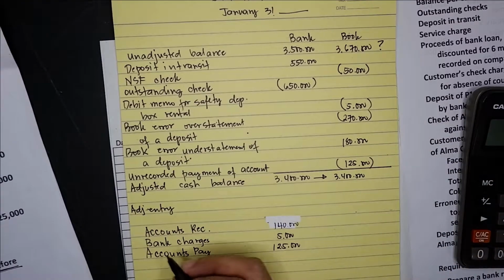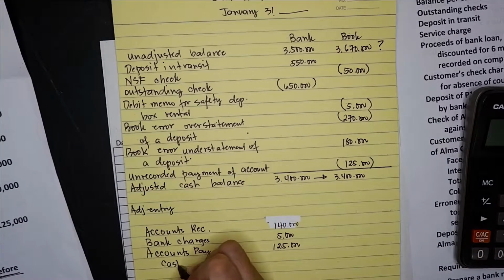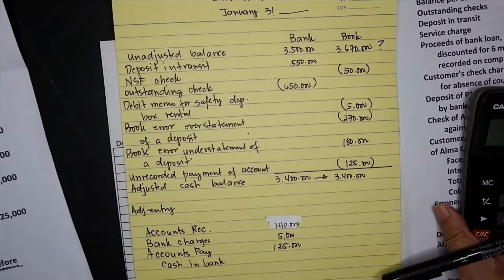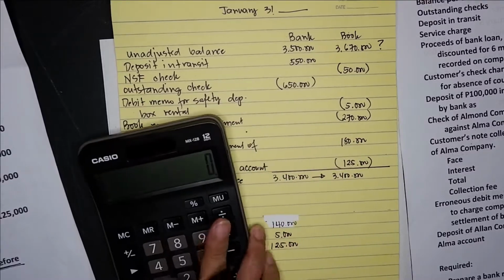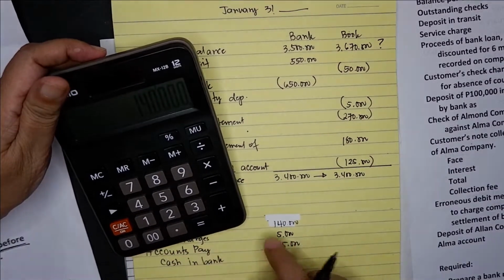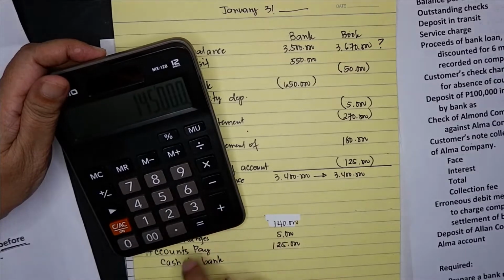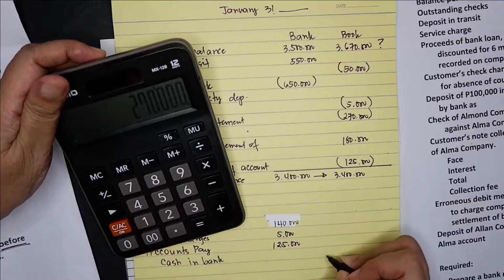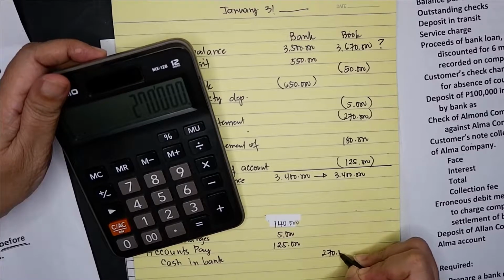So credit cash in bank. So that is 140 plus 5,000 plus 125,000. So that is 270.